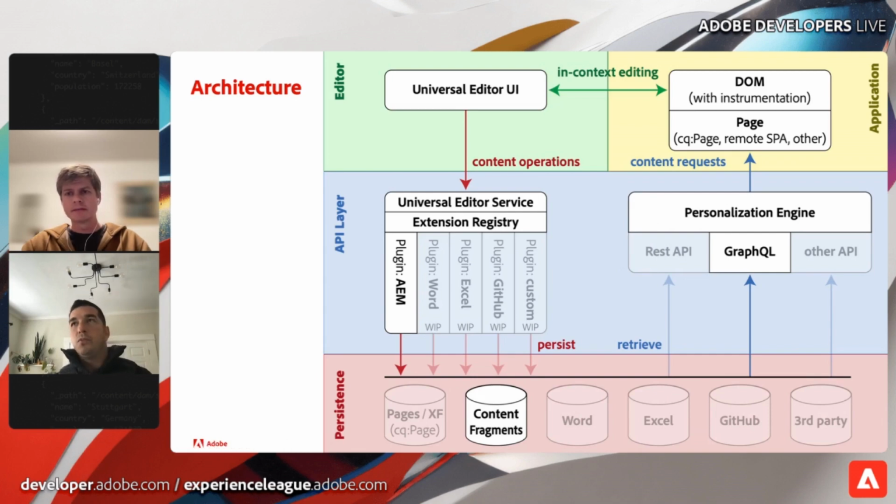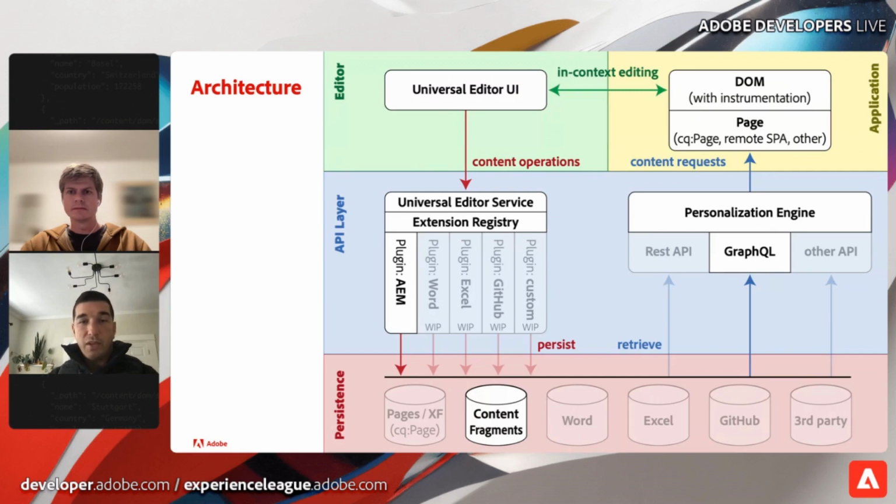Yeah. So one thing, I'm not sure if I mentioned it earlier or not, but the way that our Adobe Home, our SPA, is working is it's a React application that leverages a personalization engine to essentially determine which content and which variation of that content to display to the user.